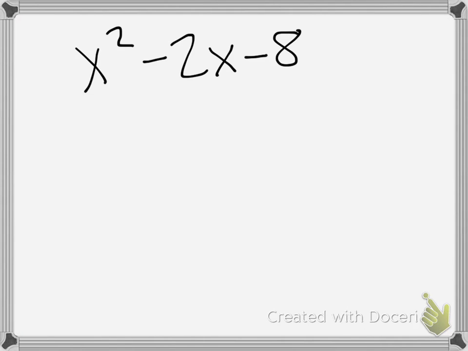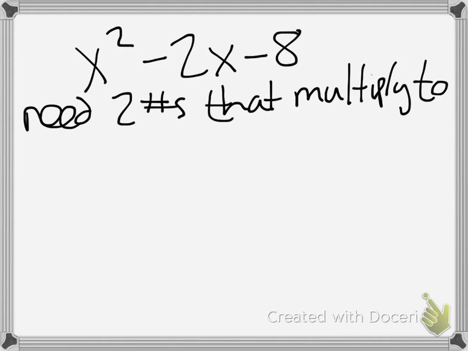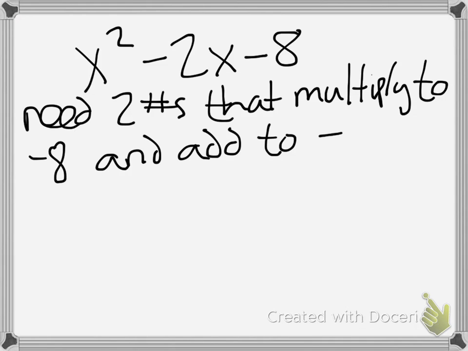So let's look at this one. I know that I need two numbers that multiply to minus 8 and add to minus 2. So I know one's positive and one's negative.